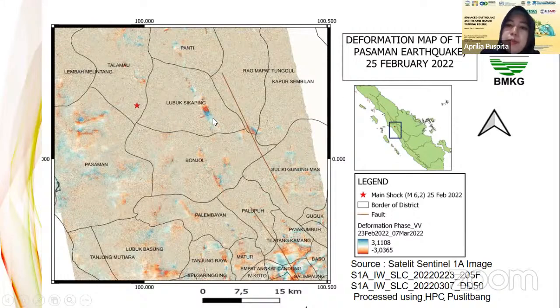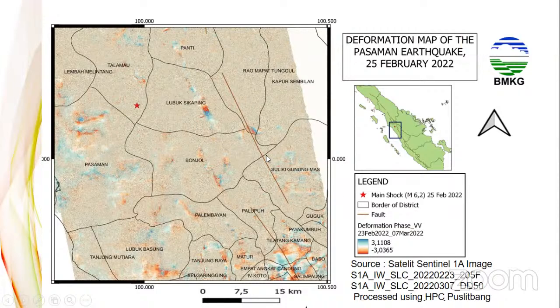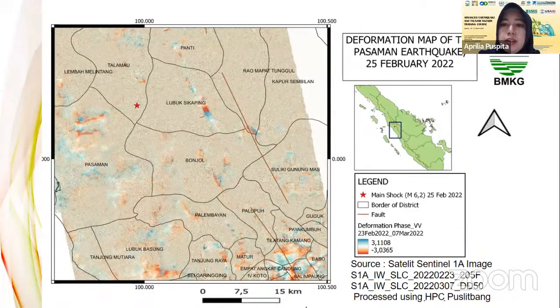And for the process of the earthquake deformation, we're using Sentinel-1 images acquired on 23 February as the master image, and the slave image acquired on 7 March. This is a deformation map.